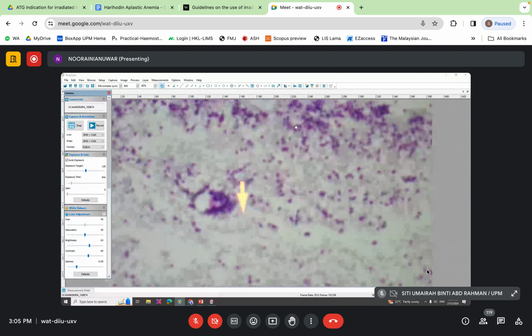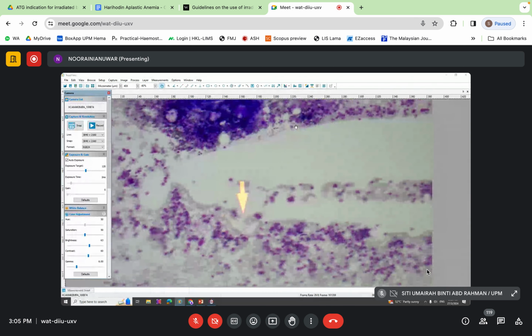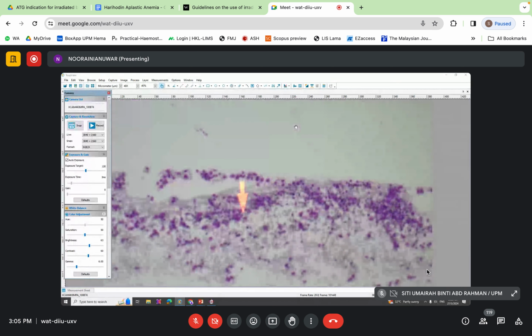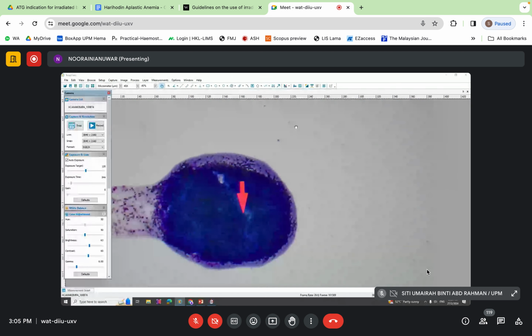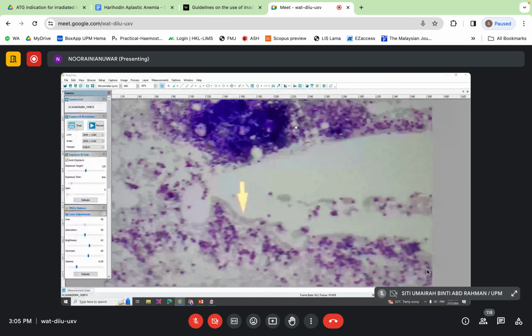So for this patient, he is an 8 year old boy. We can see in the fragments it looks patchy hypercellular, very packed, hardly any fat space.